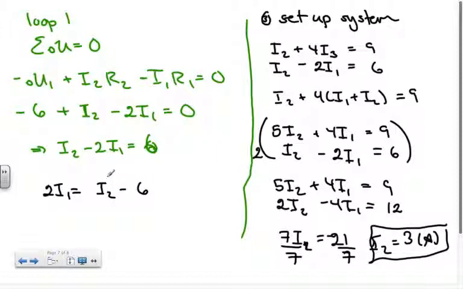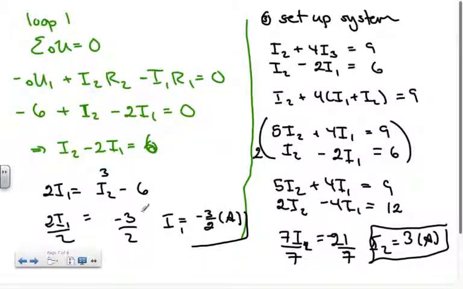I2 is 3, so this becomes 3 minus 6, which ends up being negative 3. Twice I1 is negative 3. Divide by 2. Divide by 2. I1 is equal to negative 3 halves of an amp.